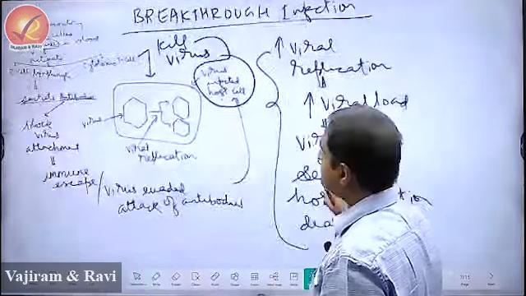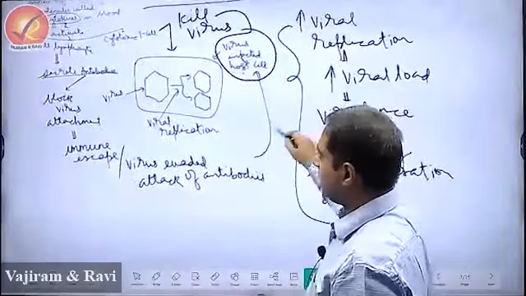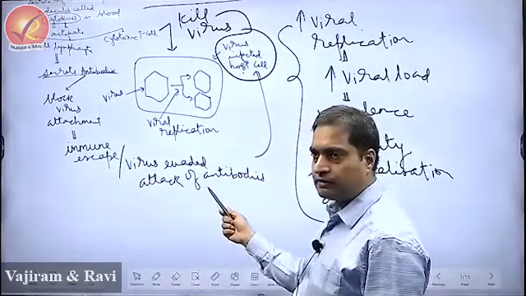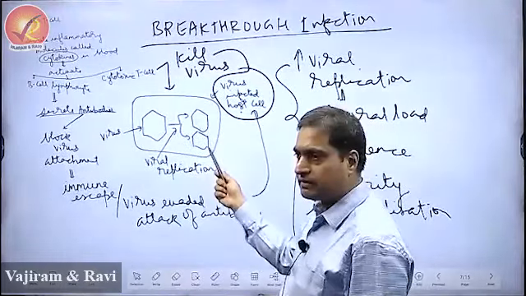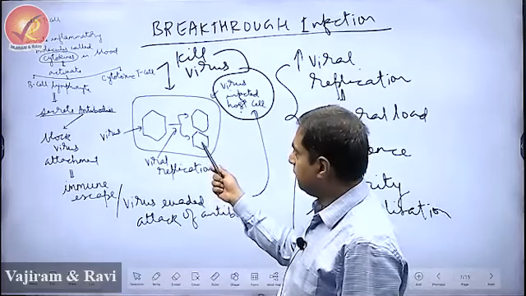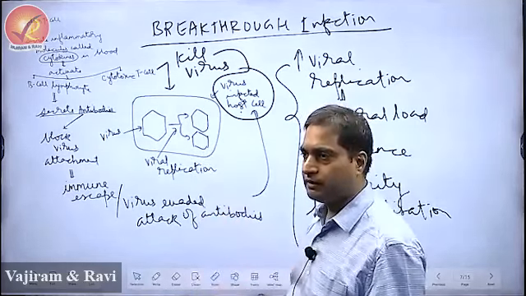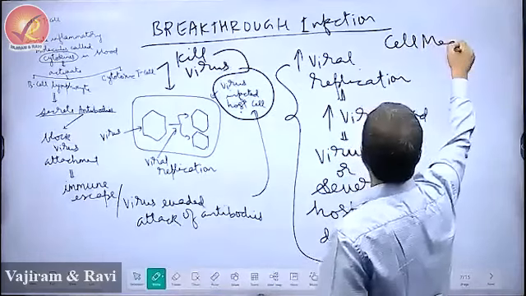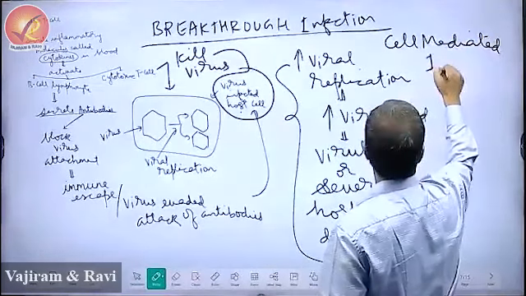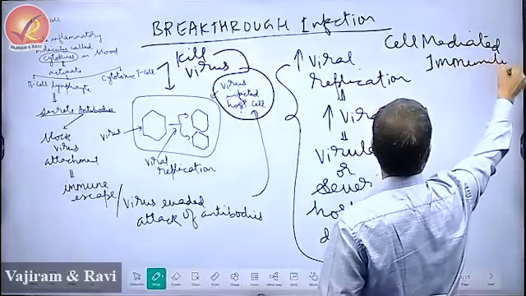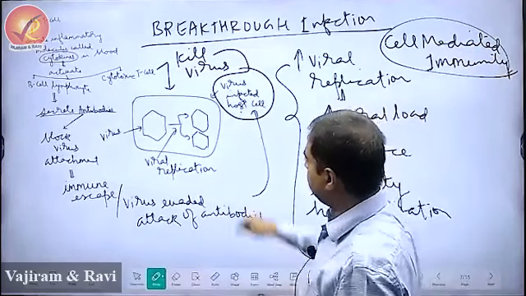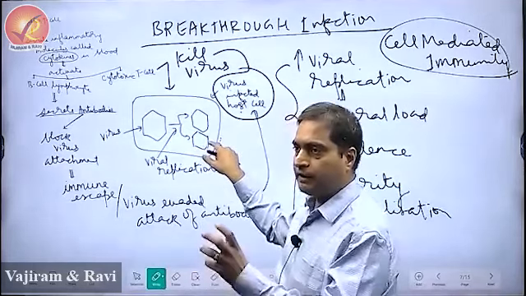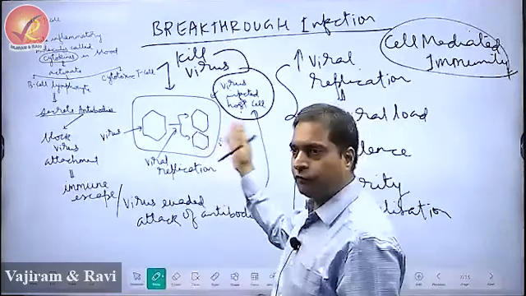So what we discussed, what is happening in breakthrough infection? The virus is evading the attack of antibodies, enters the cells, and multiplies in the cell. However, our immunity is still protecting us, and that is protecting through what? The role of cell mediated immunity. It is the cell mediated immunity or T cells which will kill this virus infected cell, will not allow the free multiplication of the virus, and will not allow the free flow of the virus in your body.